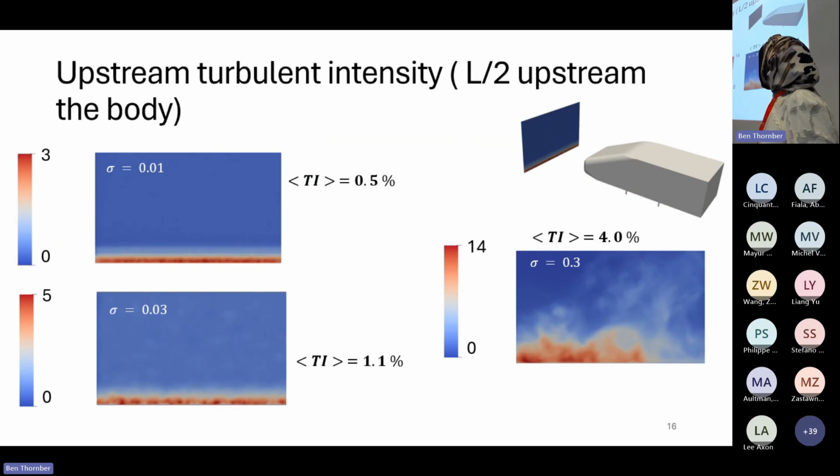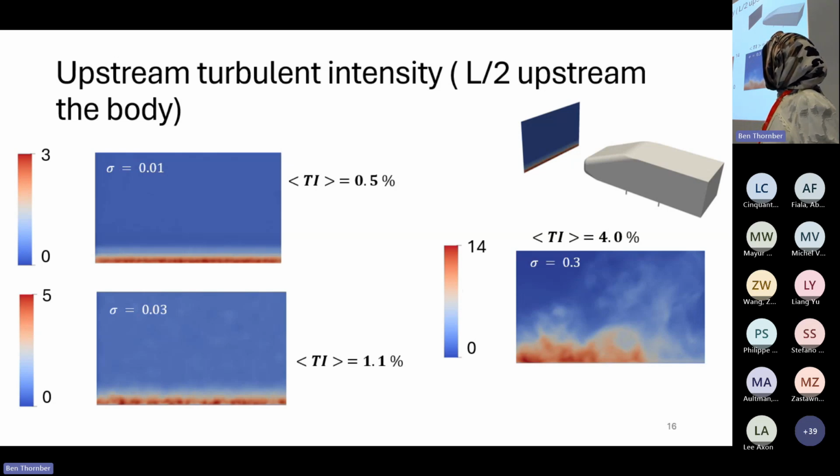Now, if we look at the turbulence intensity halfway upstream of the body, we can see that we are generating a turbulent intensity between 0 and 3 for the smallest length scale, between 0 and 5 for the mid-length scale, and for the highest between 0 and 14.